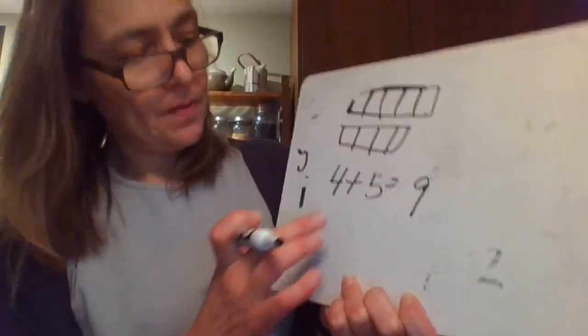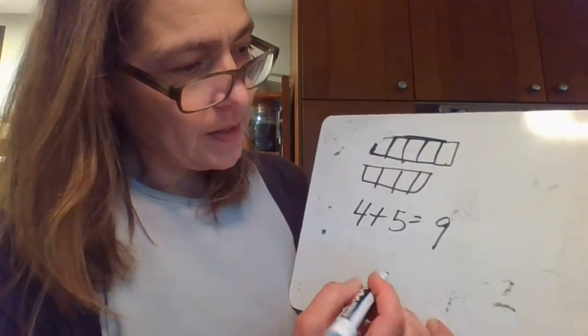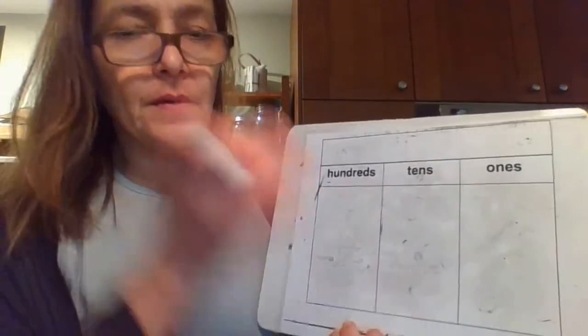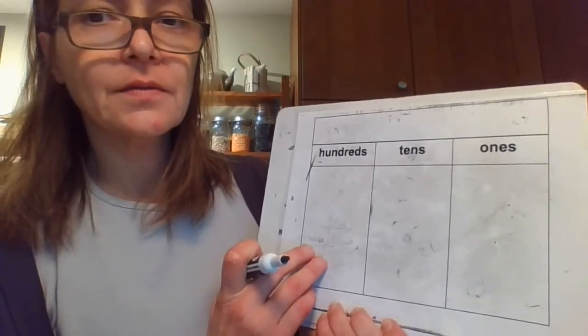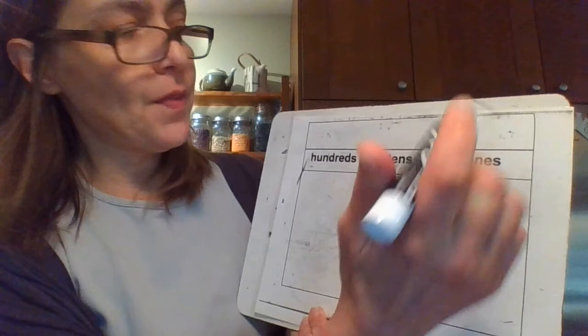Okay, and then she goes on in the last box and she says that the ones digit will tell you if a number is even or odd. Okay, so you think about the ones digit, and that will always tell you.